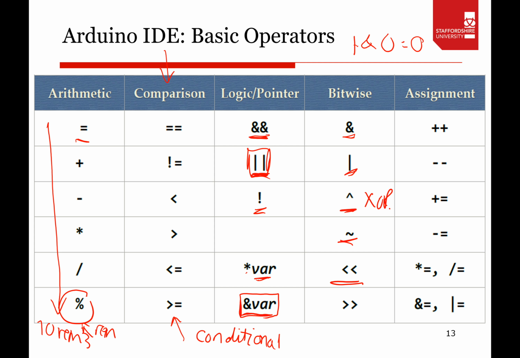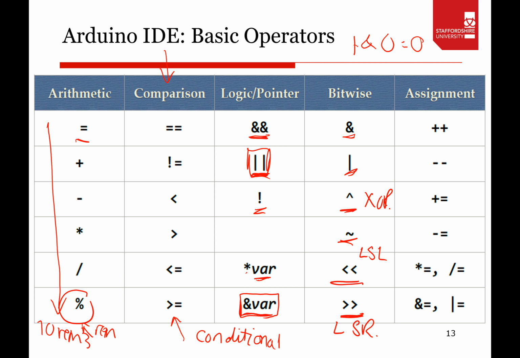Two less-than arrows is logical shift left, so move everything one significant bit higher. This means logical shift right, so move everything one to the right, down towards the least significant bits.